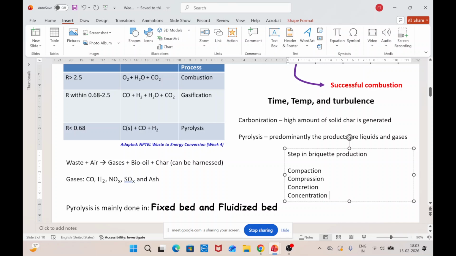That binder can typically be of two different classes: organic binders and inorganic binders. Any examples from anyone for organic and inorganic binders?